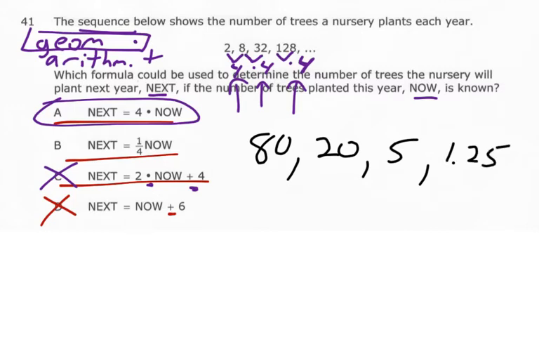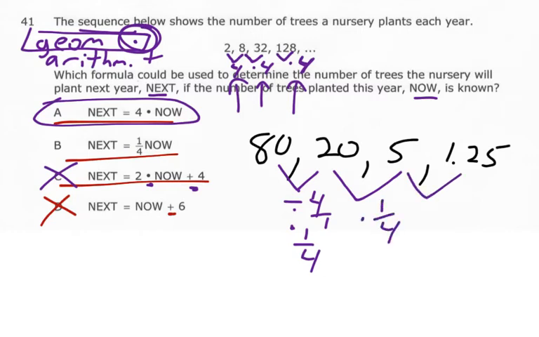In that case, don't think you're dividing by 4, because geometric sequences are always using multiplication. So instead of saying divided by 4, we want to say that we're multiplying by the reciprocal of that. And what's the reciprocal of 4 over 1? 1 over 4. So dividing by 4 is the same as multiplying by 1/4.